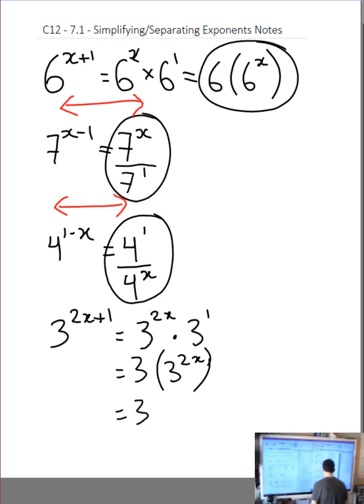I'm going to leave that 3 in front. Now, I could make an interesting move like this: 3 to the x all squared. And that is the answer there.